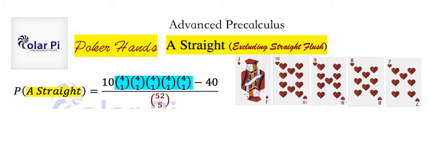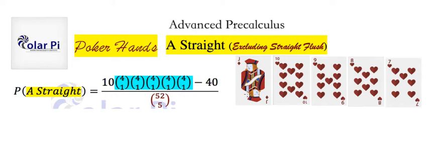If we started with the jack, we had to have the 10 and so on. Similarly, if you had an ace as your highest card, the rest of the cards have to be a king, a queen, a jack, and a 10. If you had a king, the rest of the cards have to be queen, jack, 10, and 9. You can do this all the way to a 5.